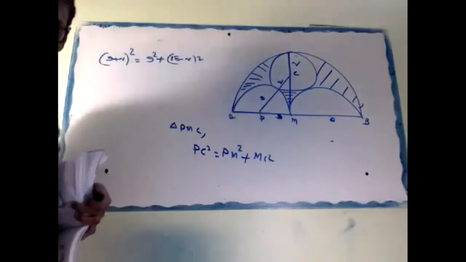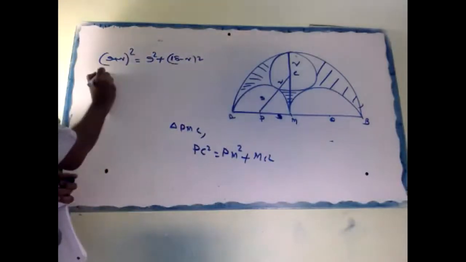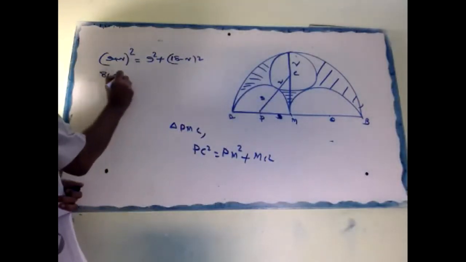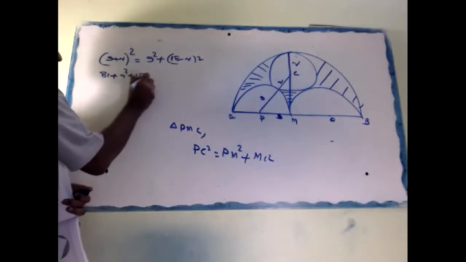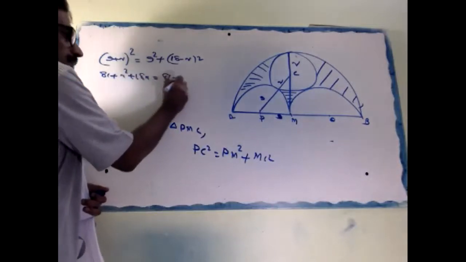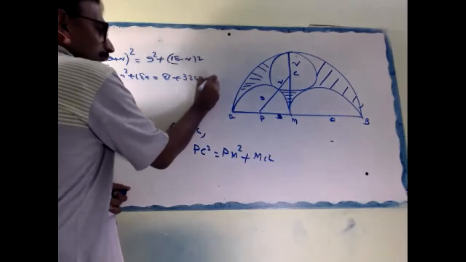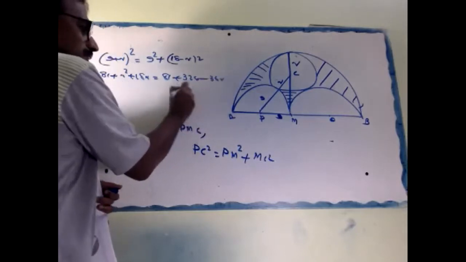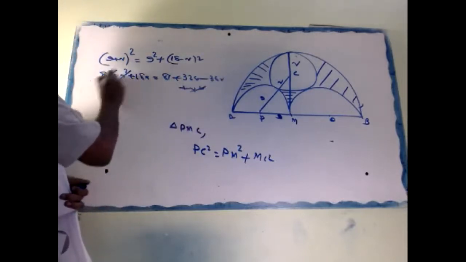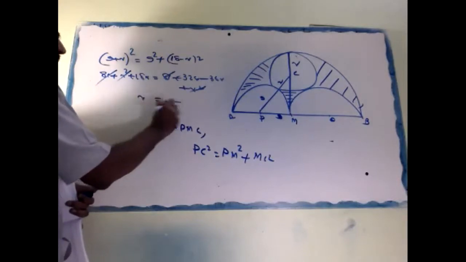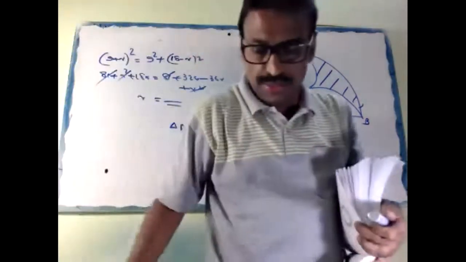So now 81 plus R square plus 18R equals 81 plus 324 minus 36R plus R square. R square cancels, 81 cancels, and you will get R. Now we can finalize it.